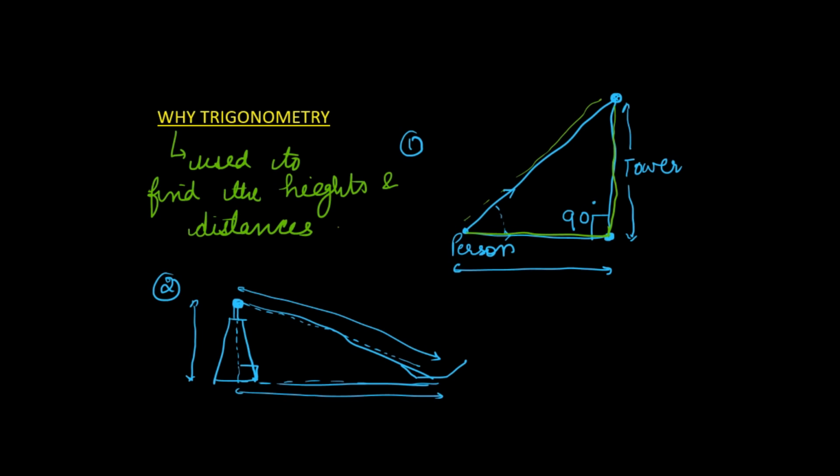A tower may be very high, or the ship may be somewhere in the middle of the sea. It's physically not possible to go and measure the distance of the ship from the lighthouse. So I hope it is understood what the trigonometric ratios are and why we use them to find the heights and the distances.